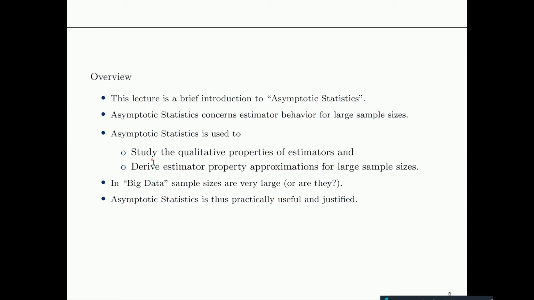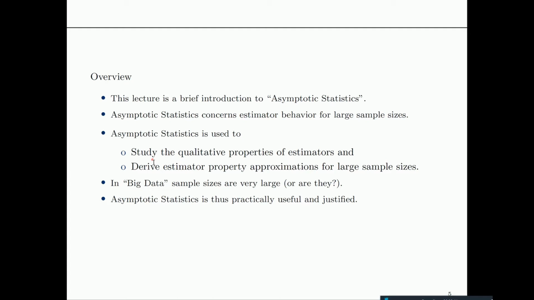But then it also depends, and this is why this term big data doesn't really mean much from my perspective, because it's always the question of are you talking about random vector dimensionality? Are you talking about the realizations and so on? Anyway, I'm just saying that if in big data the sample size is actually large, also with respect to the dimensionality of your random vector, then definitely asymptotic statistics makes sense.